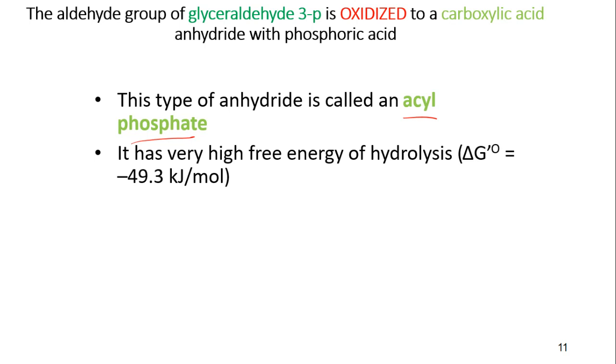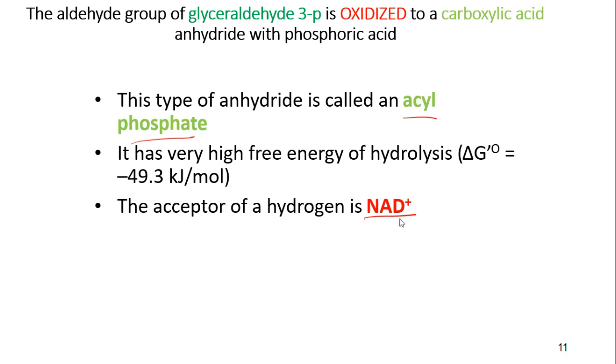So we need to understand that during reaction number 6, there is an acceptor which is just NAD positive. So NAD positive acts as an acceptor during oxidation, and what is it accepting? Hydrogen. Remember, the phosphoric acid, the phosphate group, or the acyl phosphate, is going to produce the hydrogen.